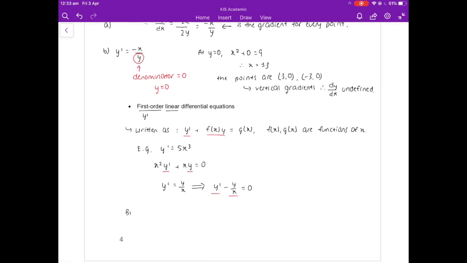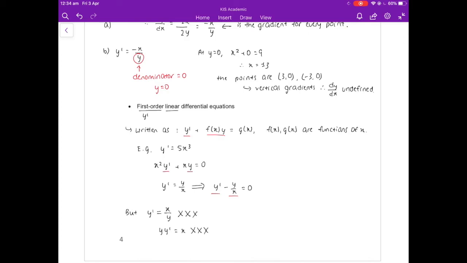But if we have this, that is not a first order linear differential equation, because if we rewrite it, we can actually put the y and the y' together. So they cannot be separate. So that is not a first order linear differential equation.